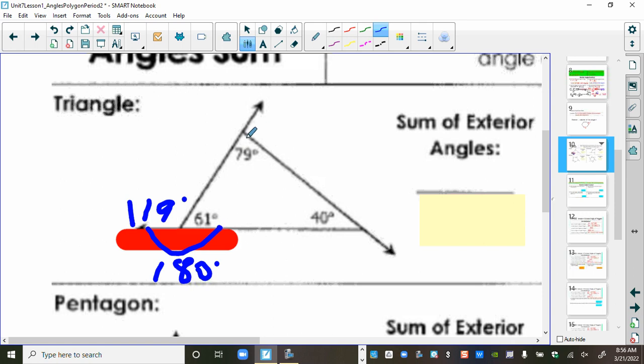What about up here? I have 79 for this angle. How many degrees is this other angle? 101, good. Okay, and if this angle's 40, this one has to be 140.